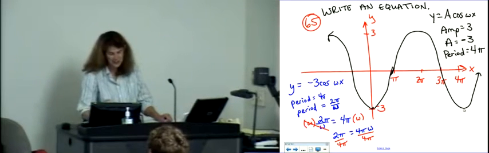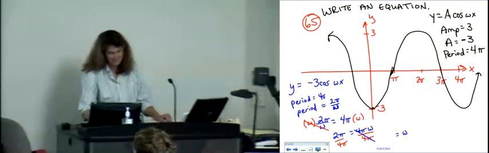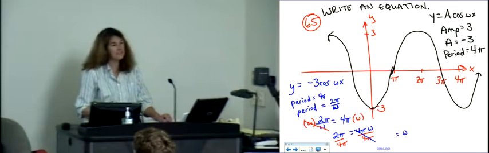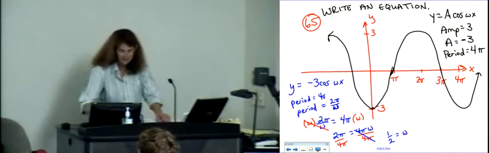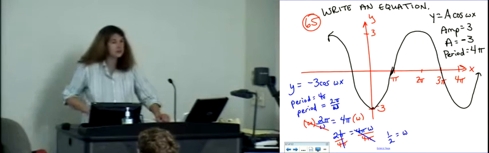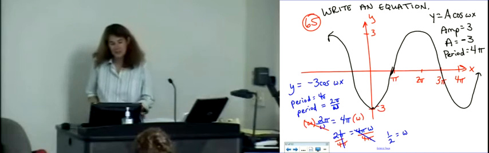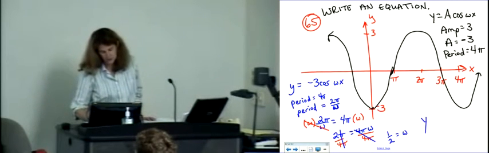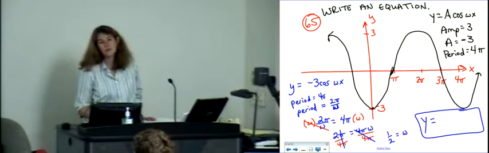Okay, I'll just do that. How's that? So we get, what's going to be omega? What's 2 pi over 4 pi? 1/2. So 1/2 is what omega is. See, those pi's cancel and 2 goes into 4 2 times, but I'd have 1 on top, so 1/2. So what's my equation? Y equals, remember I was trying to get an equation here. Y equals what?